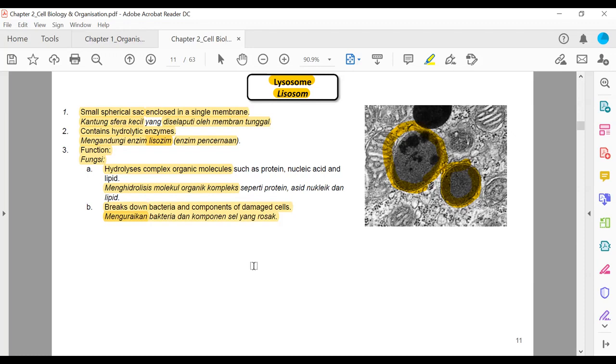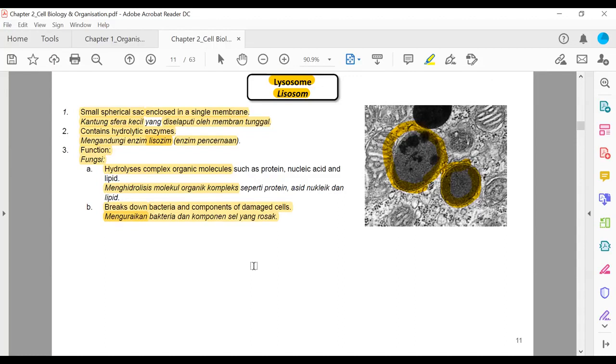So the hydrolytic enzyme, enzim pencernaan yang ada dalam lysosom akan menguraikan, mencernahkan bacteria itu, and the bacteria dies. So bila bacteria die, that means we cannot get the disease. So breaks down bacteria and components of damaged cell, komponen sel yang dah rosak.